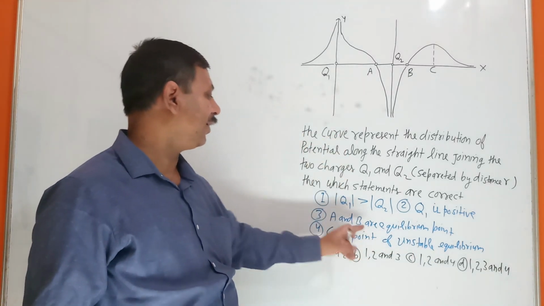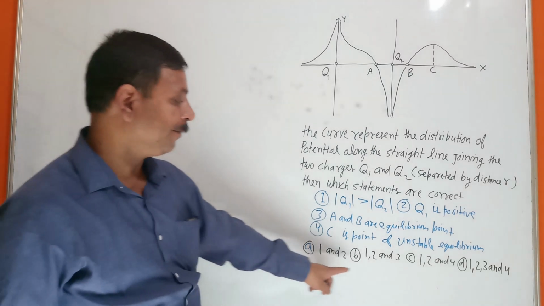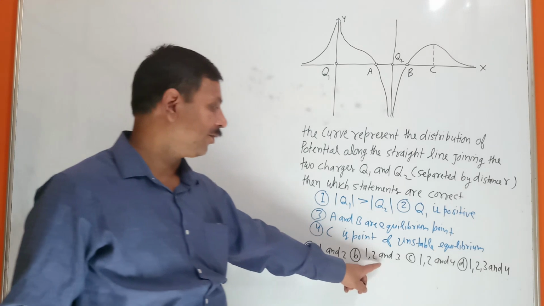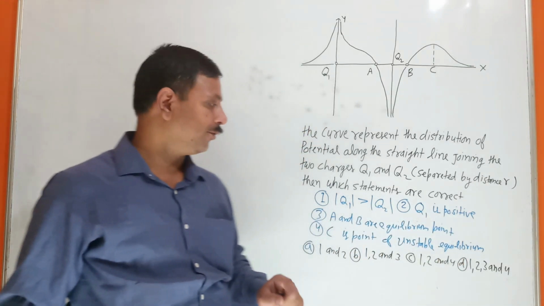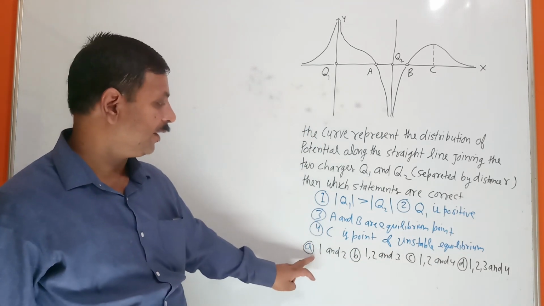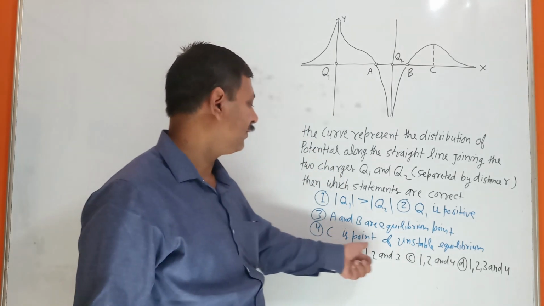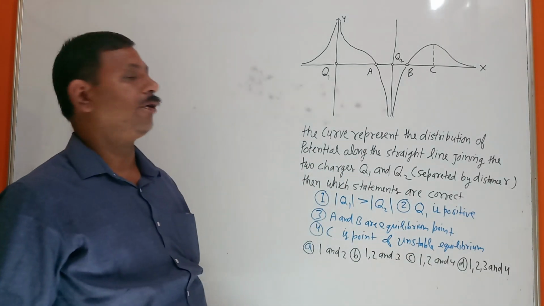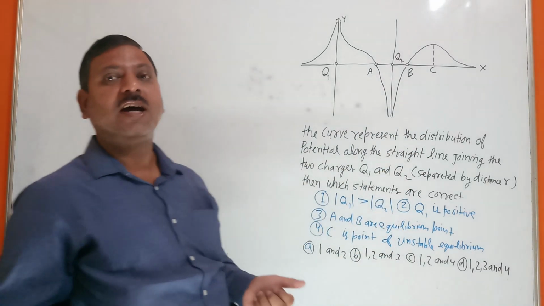That's why 3 is wrong. If 3 is wrong, this option has gone, B is wrong, D is also wrong. What is left? A and C. If you check these, see, C is a point of unstable equilibrium. See here, they have not given the charge.